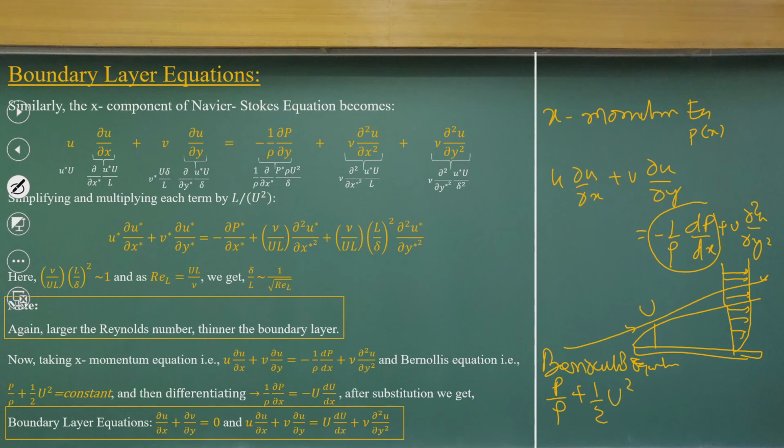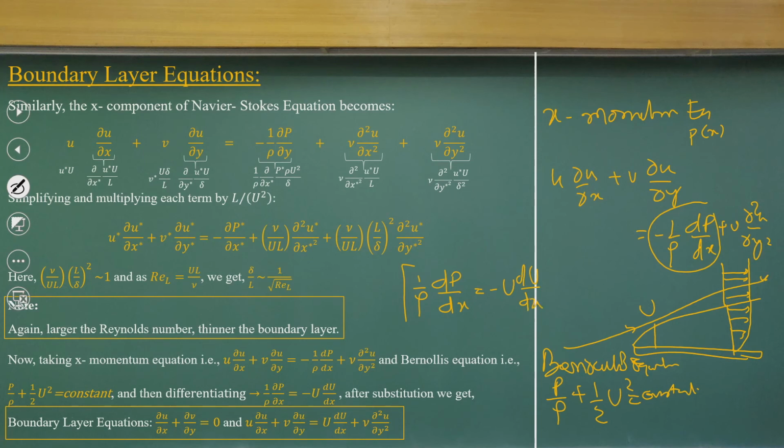If I differentiate it with respect to x, it gives the term 1 by rho dp by dx is equal to minus u, the free stream velocity, times du by dx.